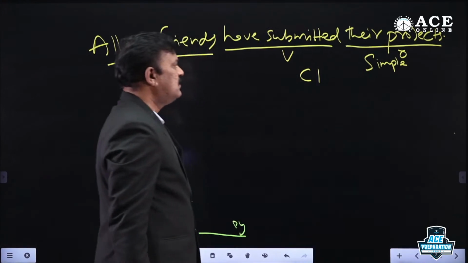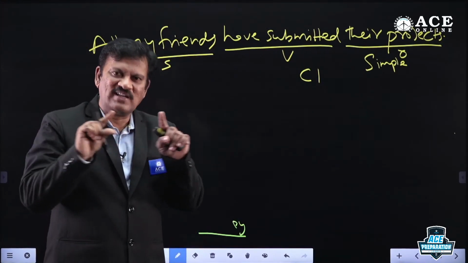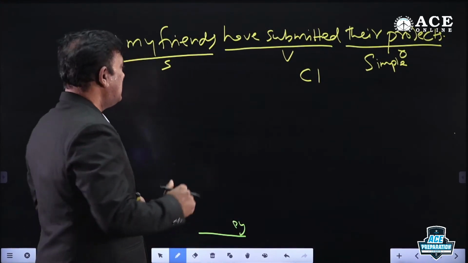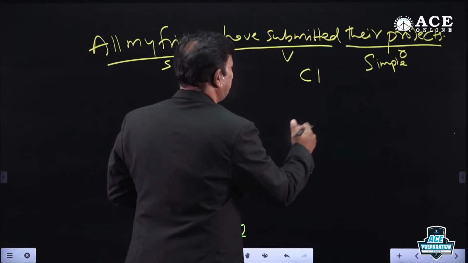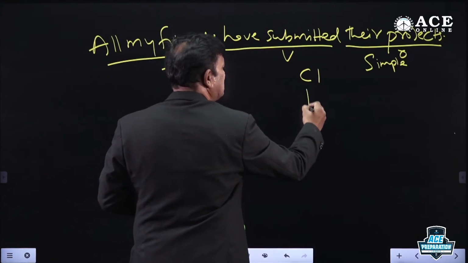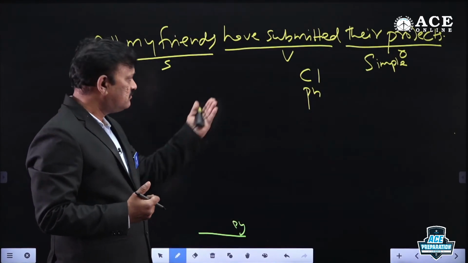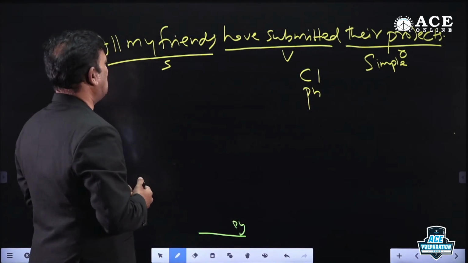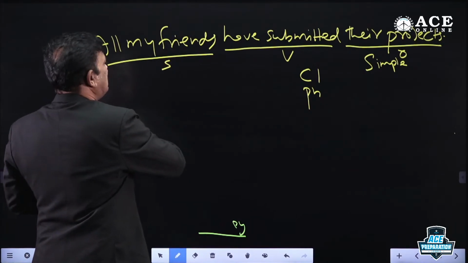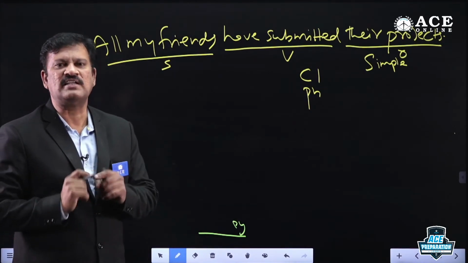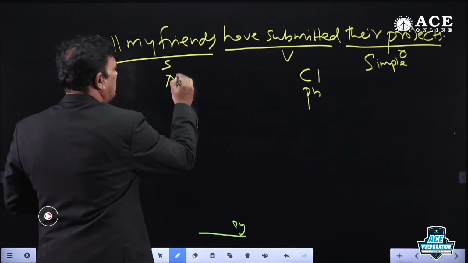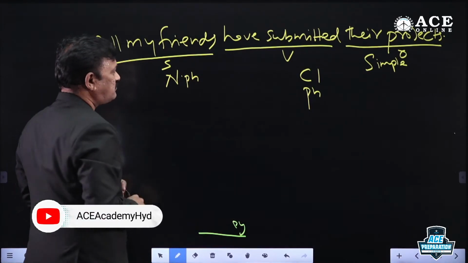This is a simple sentence. Very good. So obviously in a simple sentence you have one clause, that is the main clause. Now turn this clause into phrases. Under subject I have a group of words, and that is obviously a noun phrase.